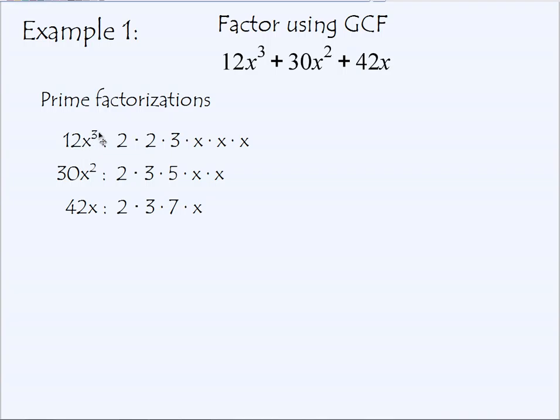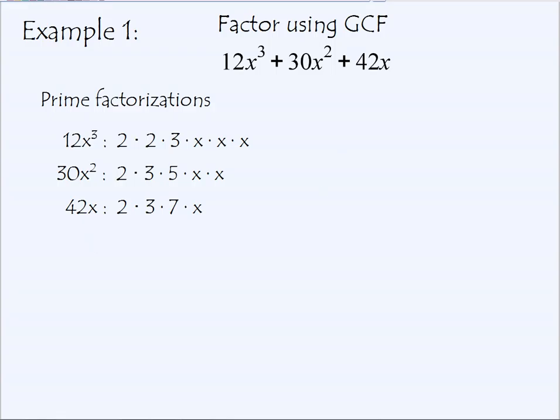So 12x to the third, if I break it down into its prime factorization, I get 2 times 2 times 3, x x x. 30x squared is 2 times 3 times 5, x x. And 42x is 2 times 3 times 7 times x. Those are all broken down into their prime factorization.